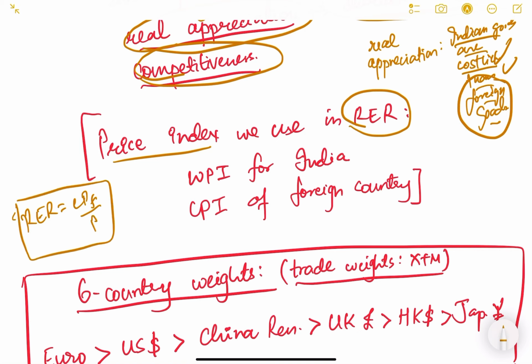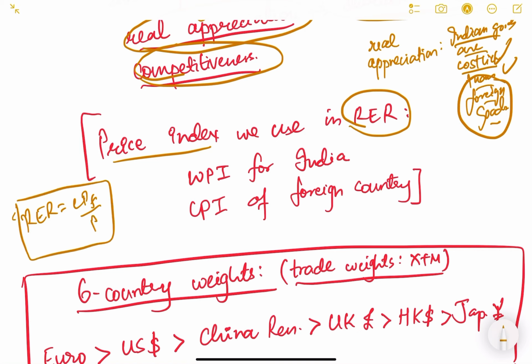One is Europe, that is because of France, because the currency of France is euro. So France is our major trading partner, then USA, then China, UK, Hong Kong, and Japan. So these are the 6 countries present in our 6 country index.